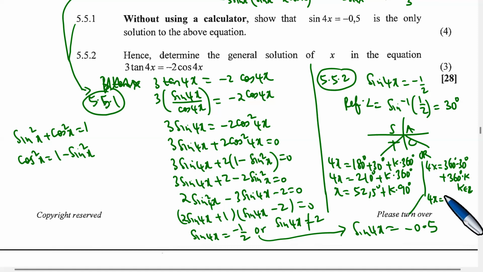So this is 330 plus 360 times k. Which means x, you divide by 4. What is 330 divided by 4? 330 divided by 4 is 82.5 degrees plus 90 degrees times k. k is an element of the integers.